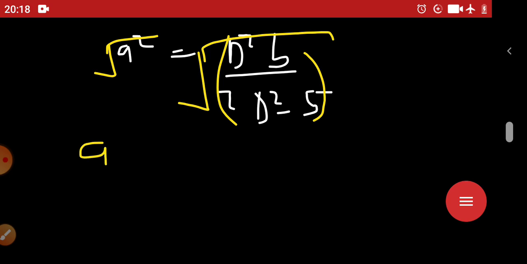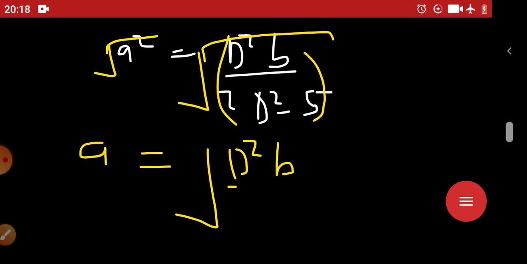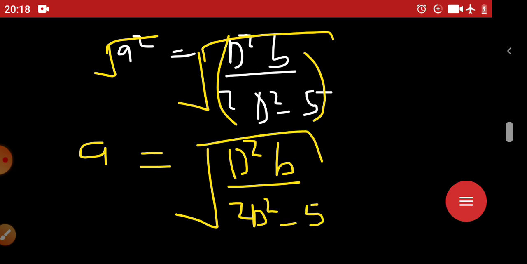So the left hand side we have a, and the right hand side we have the square root of d squared b divided by 2d squared minus 5. So we have made a the subject of the formula.